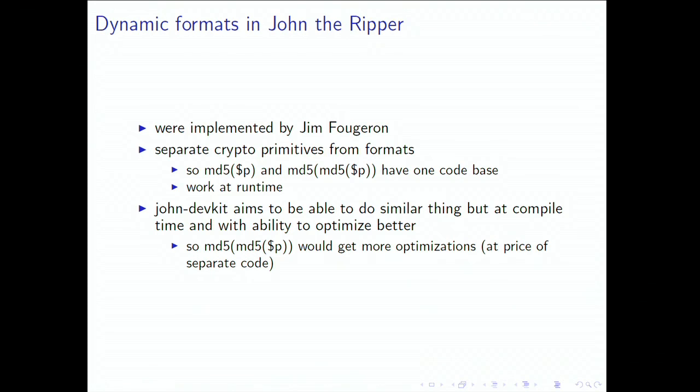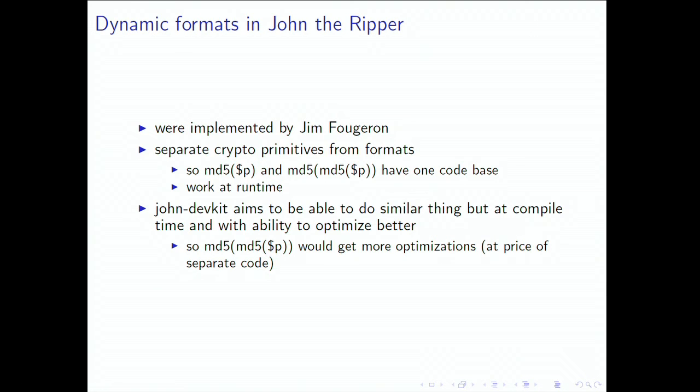Now, John does have dynamic formats. It's a mechanism that allows you to combine cryptographic primitives to get different kinds of hashes, such as MD5 of the password, and they use the same base of source code, and do not repeat it. MD5 of MD5 of MD5 is one piece of code, not two big ones.